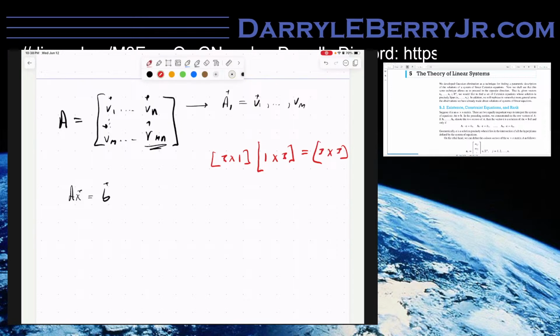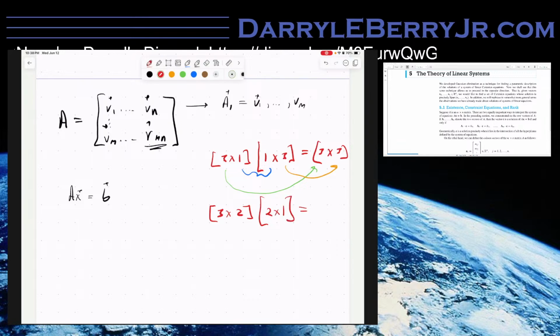So basically the numbers in the middle would be the same, and whatever numbers are on the outside would end up being the outside of the result. Maybe we can make this one orange. So the column one seems to always go down. For instance, 3 by 2 times 2 by 1, then we'll end up with a 3 by 1.